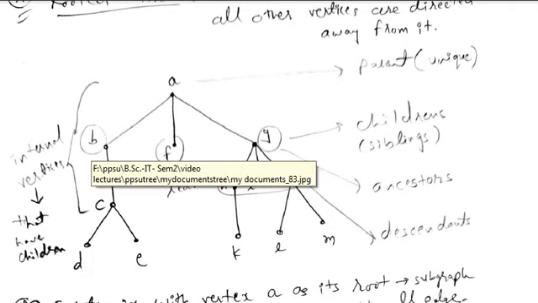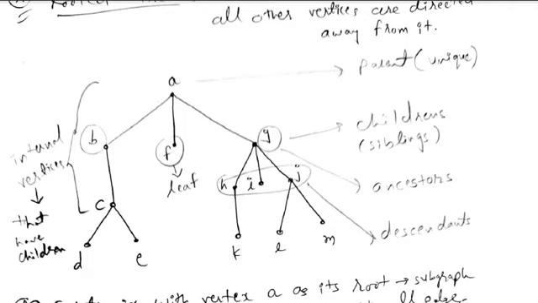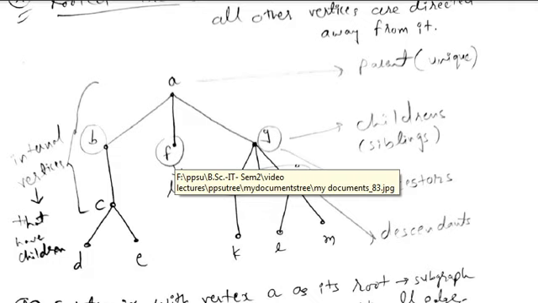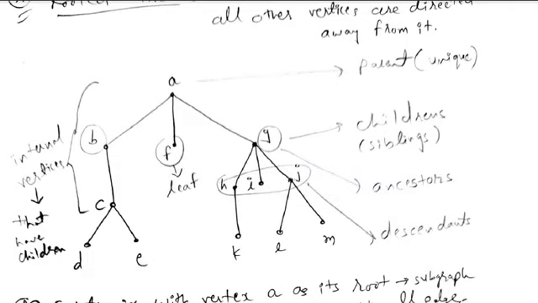Here B, F, G are the children of A, and they are called siblings of each other. The vertices which have children are called internal vertices, and those which don't have a child are called leaves.